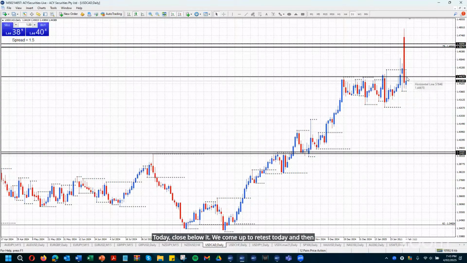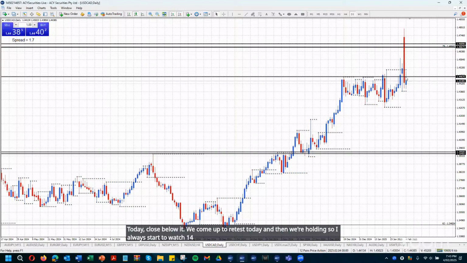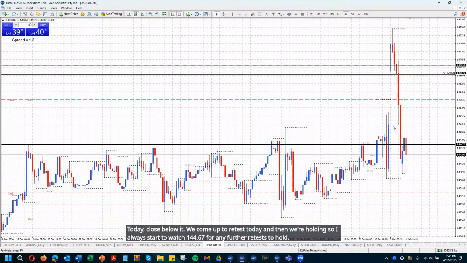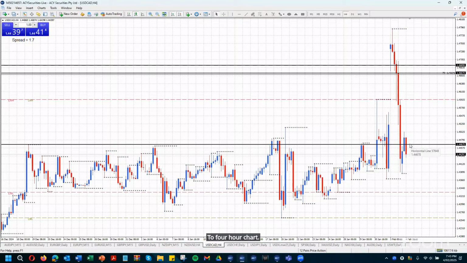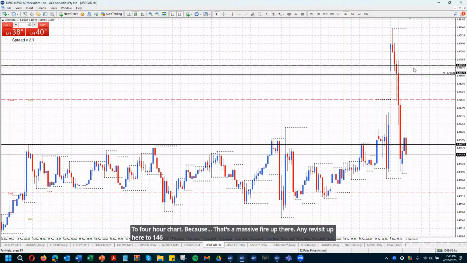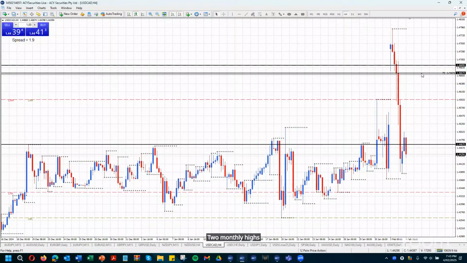So I would start to watch 144.67 for any further retests to hold, on the 4-hour chart, because that's a massive fire up there. Any revisit up here to 146.67 to 146.89, two monthly highs, that's the major sell level if we revisit. I think you may have missed the boat.